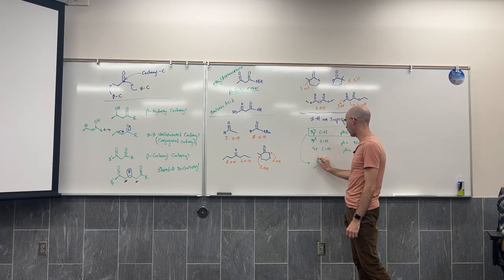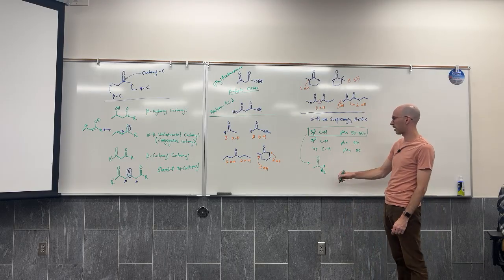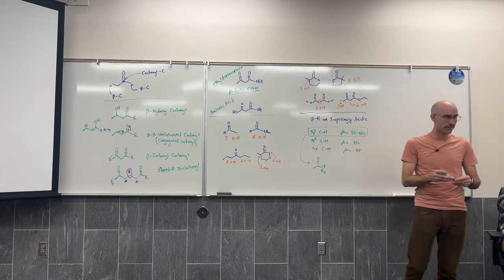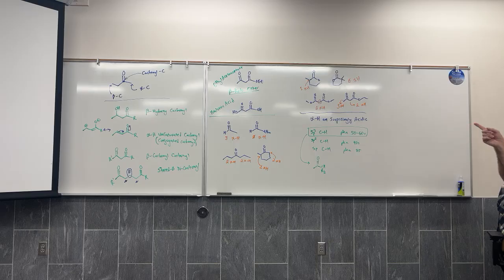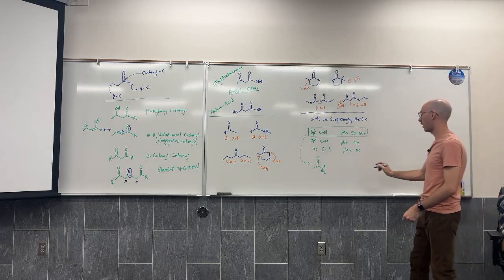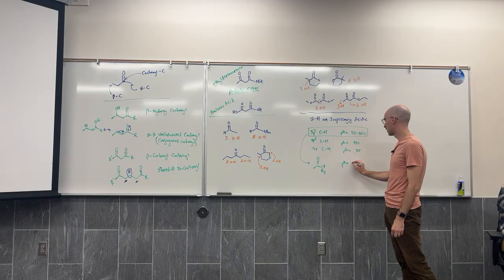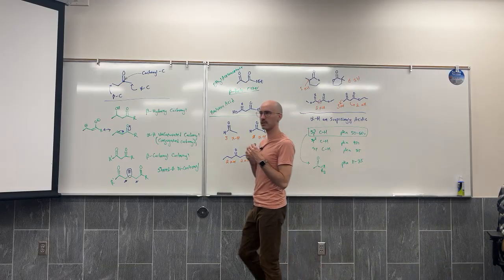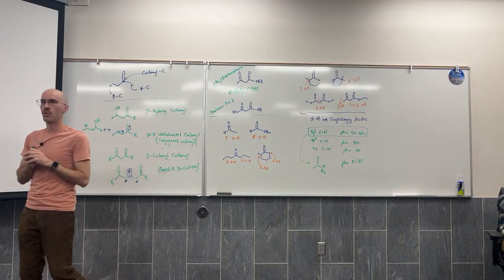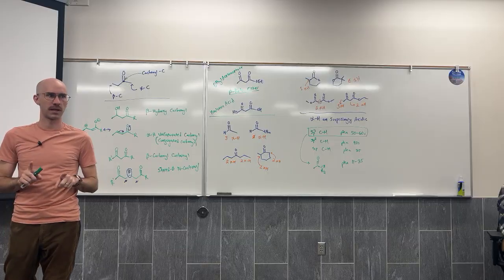But when that sp3 hybridized carbon is alpha, when it's connected next to the carbonyl, its pKa drops. The pKa will show up somewhere between 11 and 25. I know that's a huge range, and we're going to talk about what places it in different areas in that range.